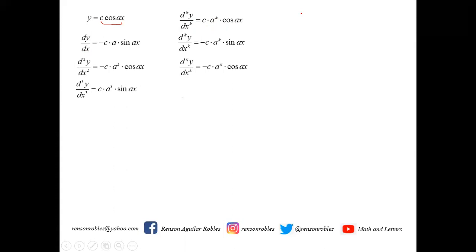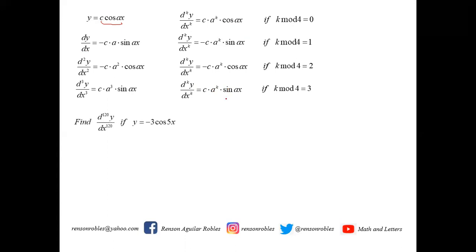Then the kth derivative of y in terms of x is equal to negative c times a raised to k sine ax if k modulo 4 is equal to 1, and the kth derivative is negative c times a raised to k cosine ax if k modulo 4 is 2, and the kth derivative is c times a raised to k times sine ax if k modulo 4 is equal to 3. So these are our patterns.